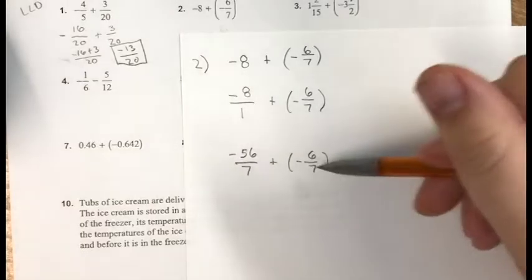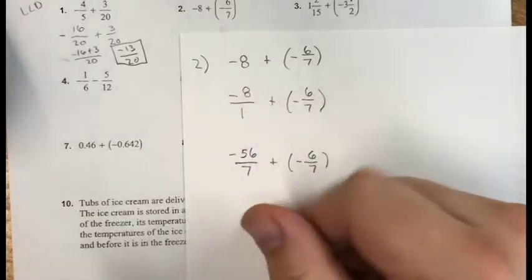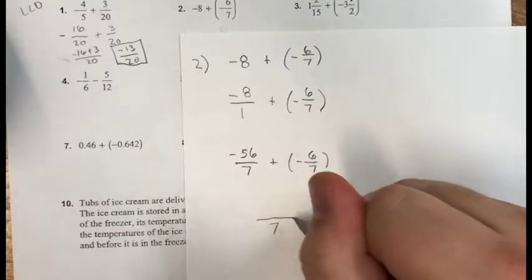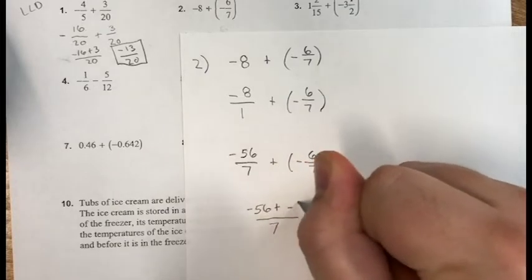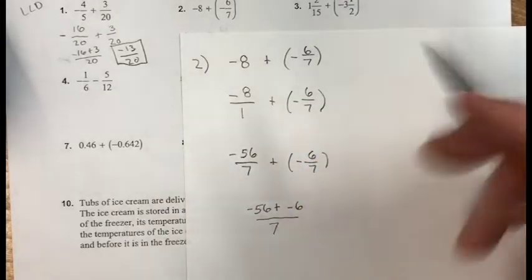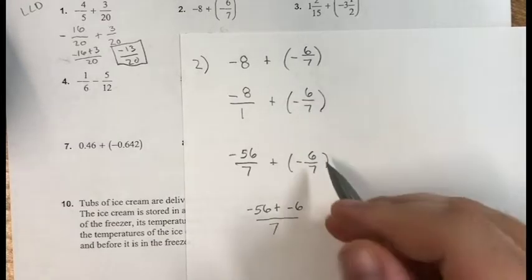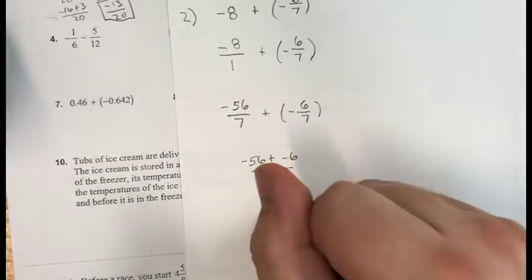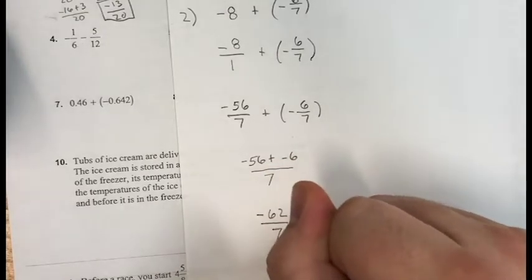So now what I've done is I have the same denominator. So now I can just use my denominator at the bottom. And I'm going to say negative 56 plus negative 6. And when I do, I can follow my rules using integers. Negative 56 plus negative 6 will give me negative 62 divided by 7.